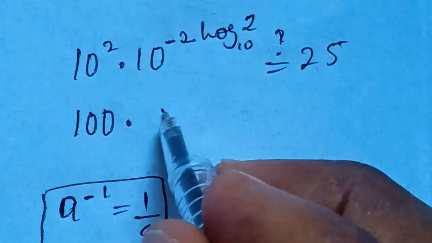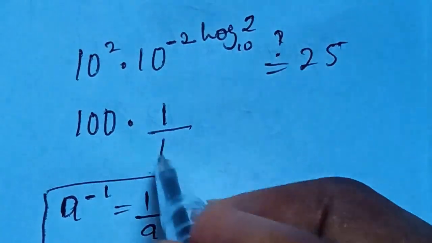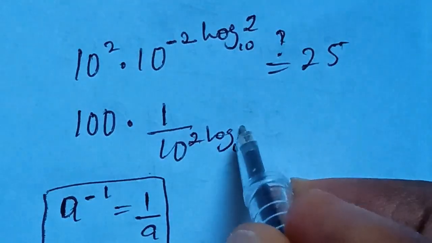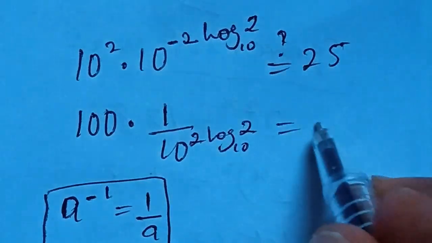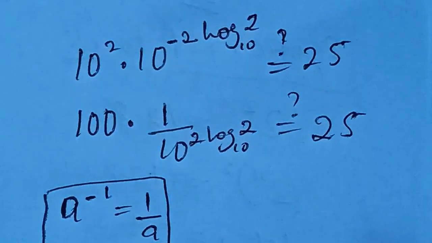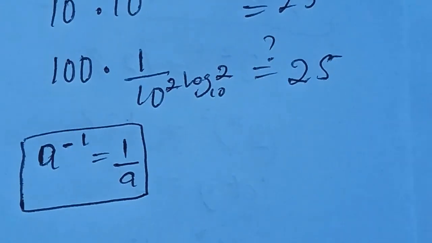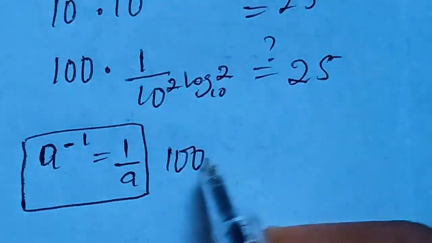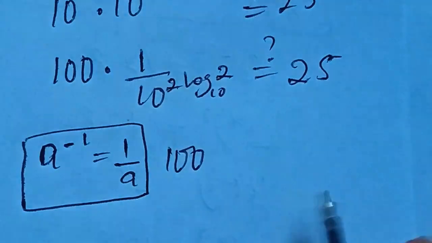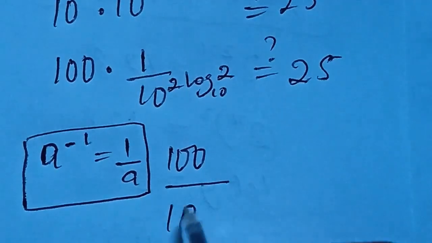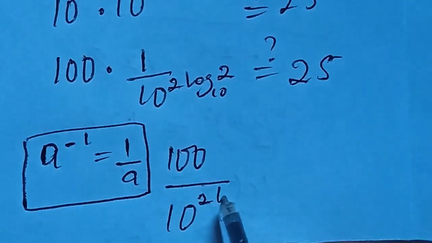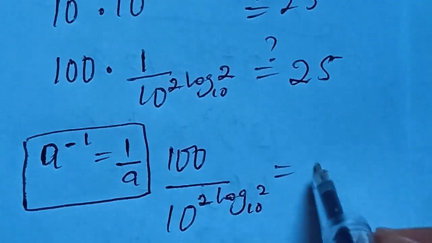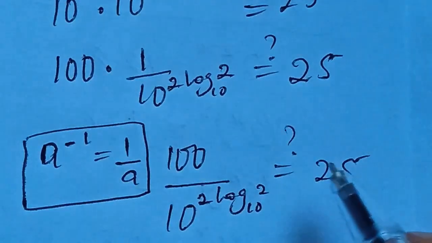We can now put this as 1 over 10 to the power of 2 log base 10 of 2. Will that be equal to 25? So now we have 100 multiplied with this 1 over 10 to the power of 2 log base 10 of 2. Will that be equal to 25?